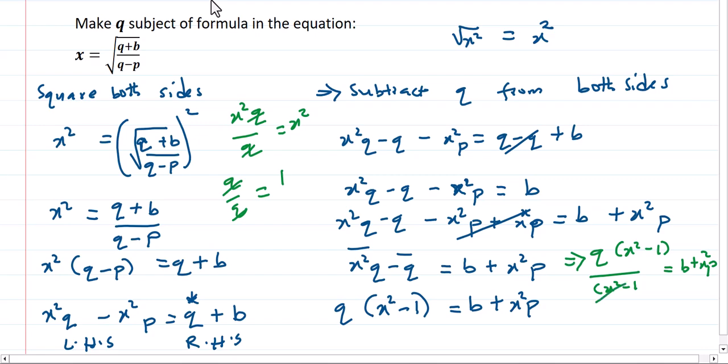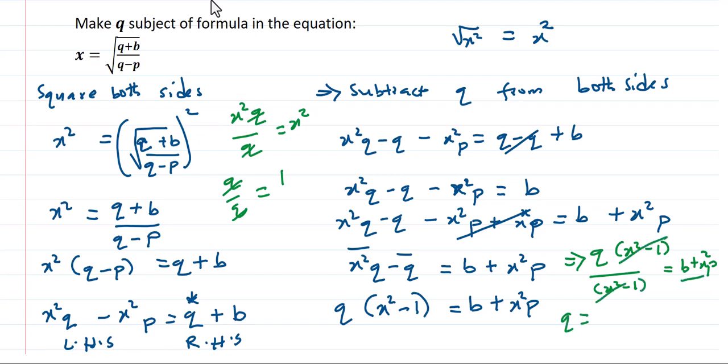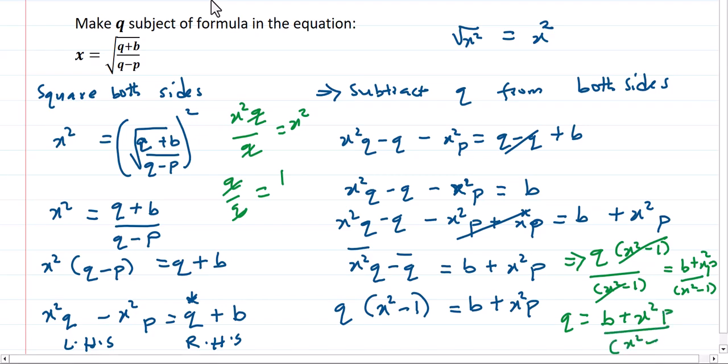So this cancels out. And then q is equal to b plus x squared b all over x squared minus 1.